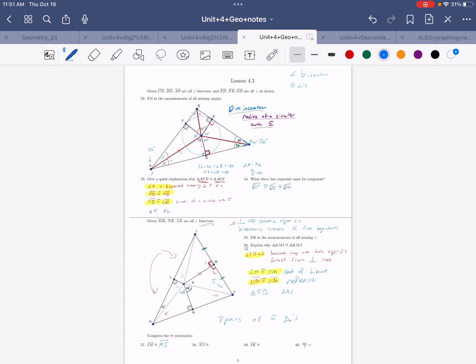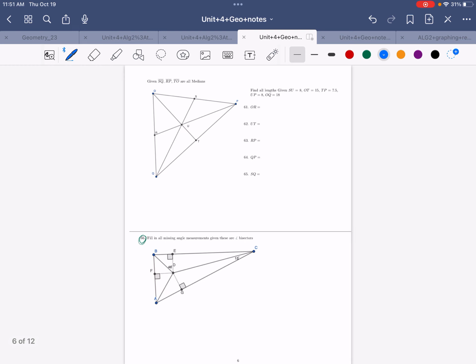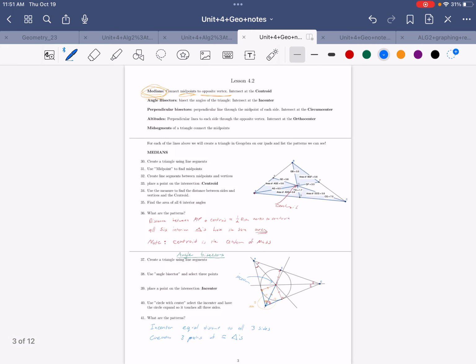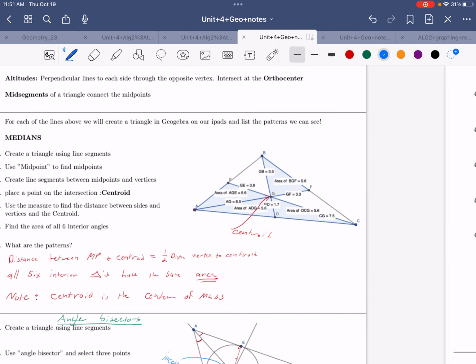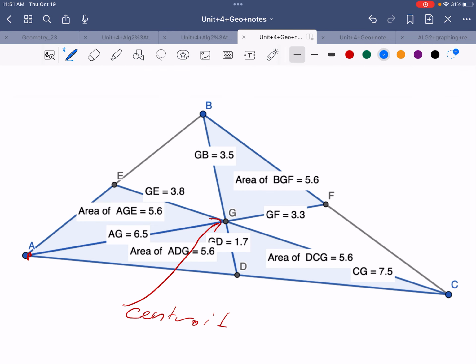All right, one more thing. Medians. Let's go back to the medians on the very front. It was the first thing that we did in lesson 2. So if you remember correctly, in this median, check this out. Notice how the short side is always exactly half the long side, right?